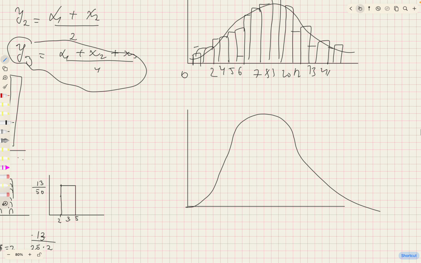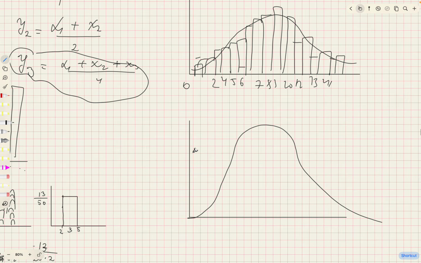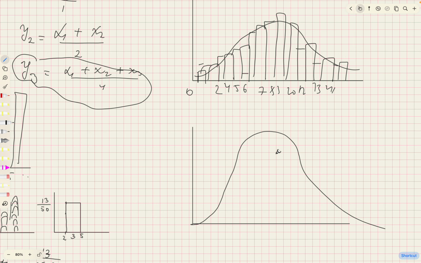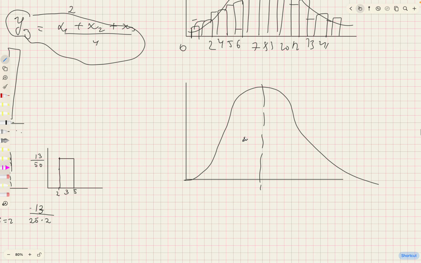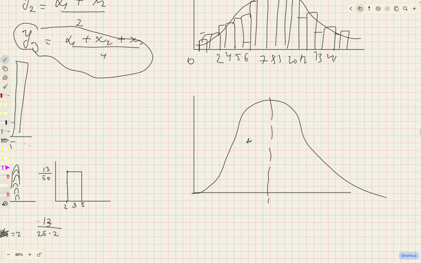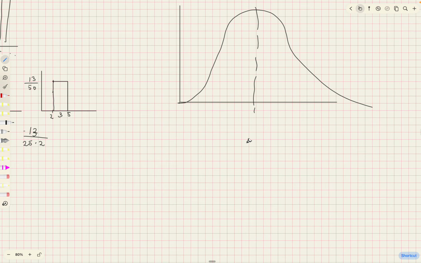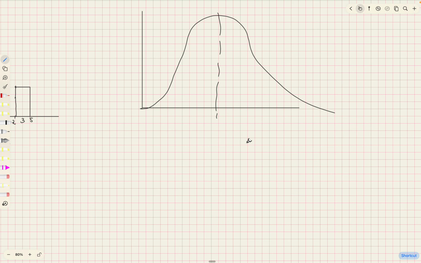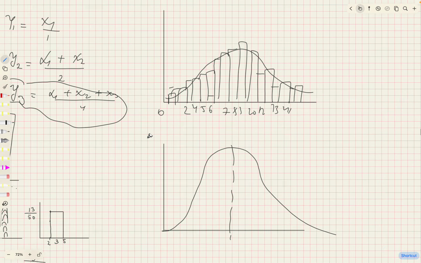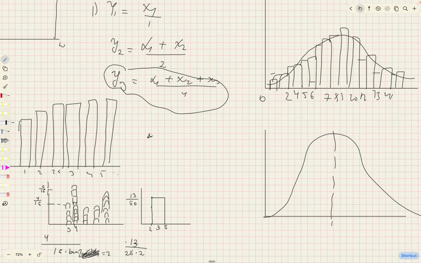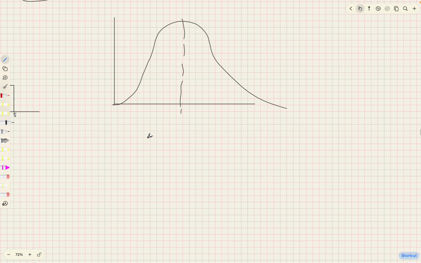So as n increases, our distribution of Yn gets closer to the normal distribution. So that was basically the central limit theorem in case of continuous variables. And we started with a uniform distribution, and as we increased n, we ended up with a normal distribution.